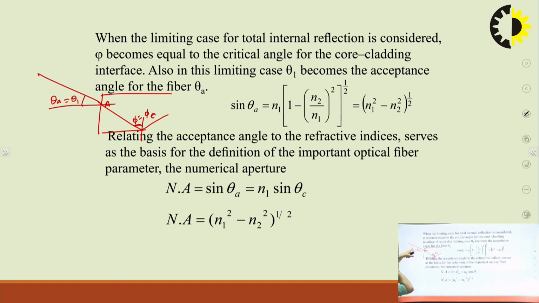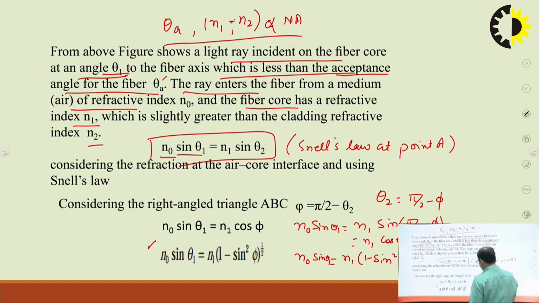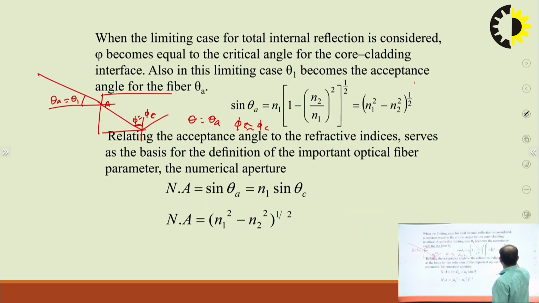For the limiting case at the entry point and at the intersection point at point P, theta becomes theta A and phi becomes phi c. So n naught sin theta a will be equal to what?